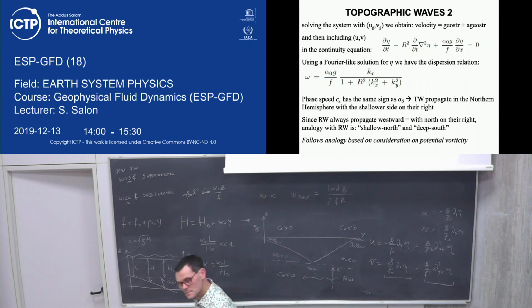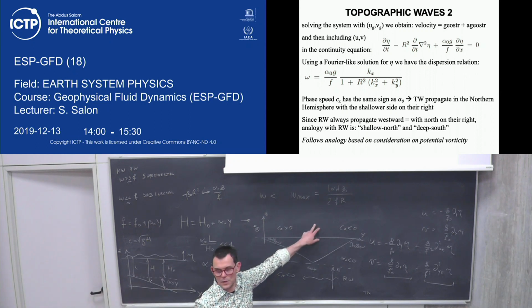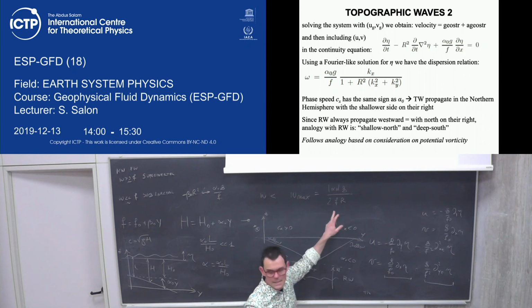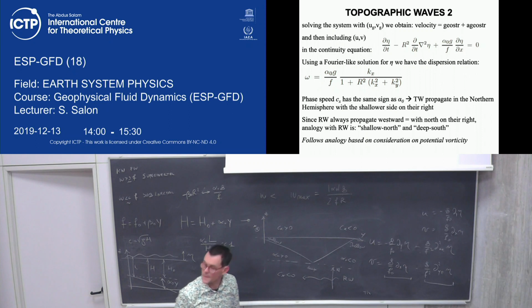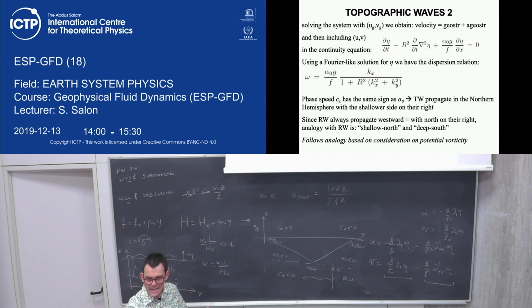So for topographic waves, just like Rossby waves, when you reach omega max, the flow is just geostrophic. The fluid is geostrophic when you have omega equal to 0. This is nothing more than the maximum allowed value of frequency. So there is a limit.